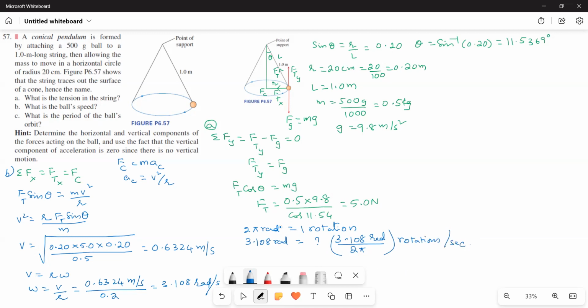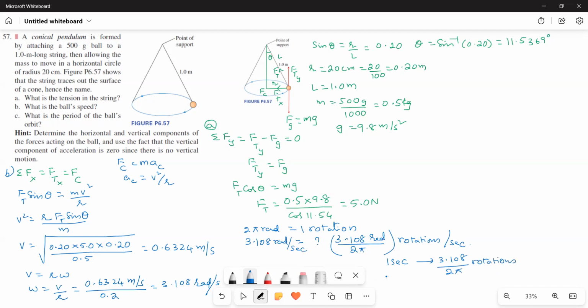Okay, because these are these many radians per second. Therefore, this will become rotations per second. Now I have to convert them into rotations per minute. So for that, in 1 second, it is making 3.108 over 2 pi rotations.